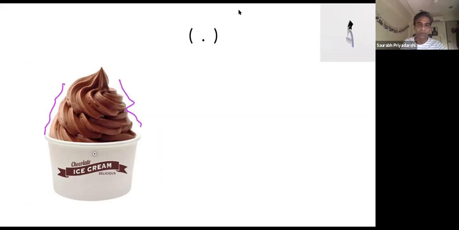If you have to eat the ice cream, you have to eat it inside the given cup. You are not going to eat the cup. So the container is not giving you the value, you are not taking the value of this cup. So this is called open bracket.